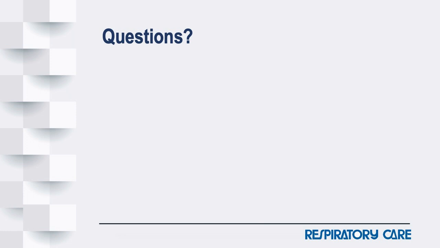I know a lot of the ventilators now, for safety, whether this is good or bad, will alarm if you hit alarm silence and then disconnect the patient to do something: every high priority alarm alarms once. I know that's the case with the ventilators that we have. So you get one of each of the high priority alarms that would go off for a disconnect if you're doing care with a patient and you know you're going to disconnect them for some reason, or you might accidentally disconnect them.